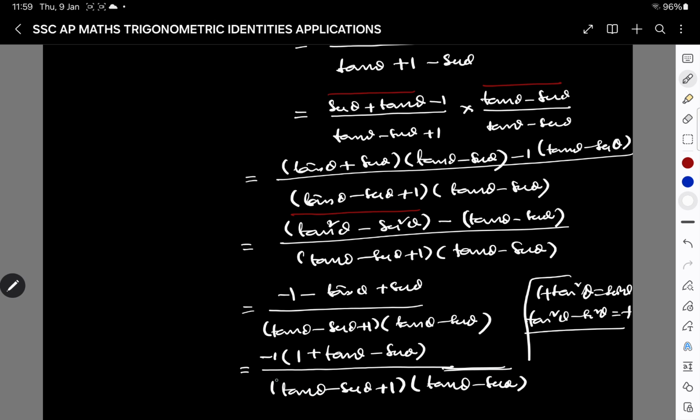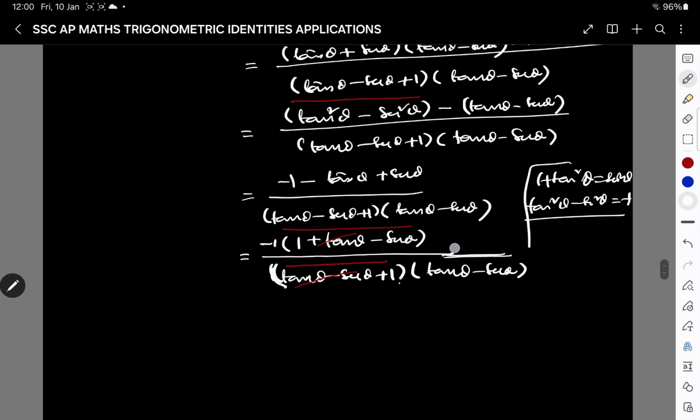Now you can see plus tan minus secant plus 1. These two are the same, here this one and here this one. So I can cancel those two. So how much do you get now?